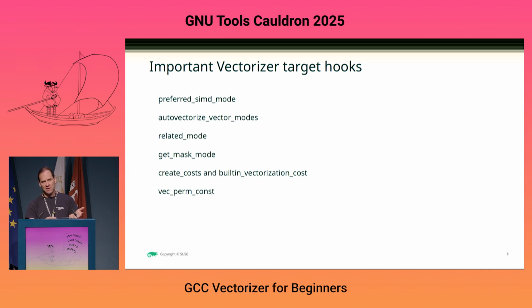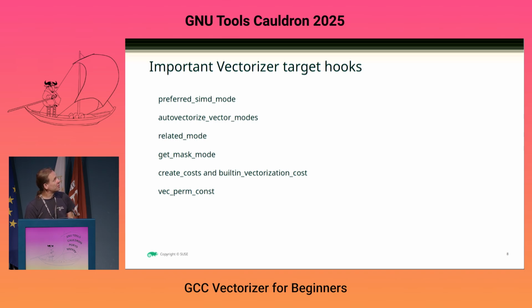If you have a target that has just a single vector width, like PowerPC, which I think is only 128 bits, it would just have a single vector mode to iterate over.